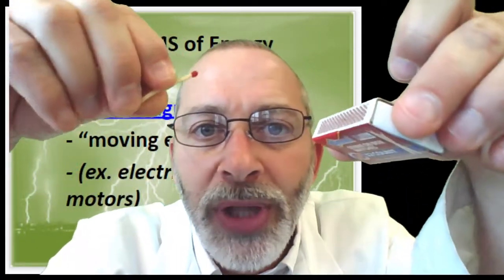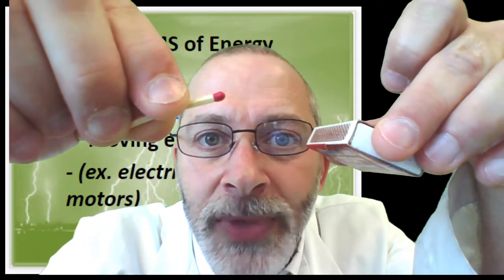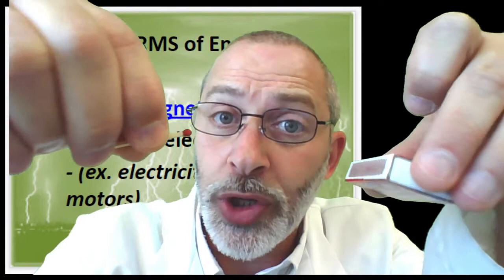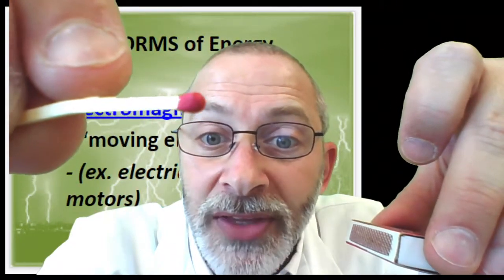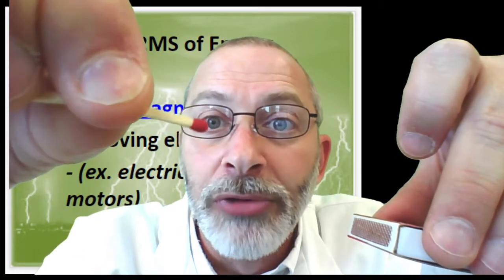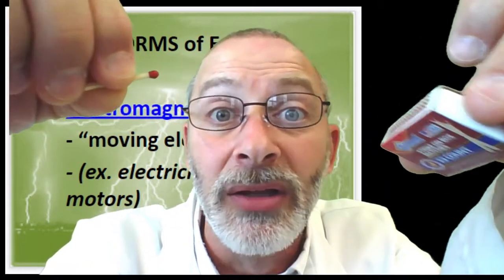We're going to apply mechanical energy to the match on the box. That mechanical energy will transform into heat energy, warming up the chemicals on this match head. And when it reaches a certain critical point, that heat energy will then be transformed into chemical energy, as we saw before, the ignition of the match head.